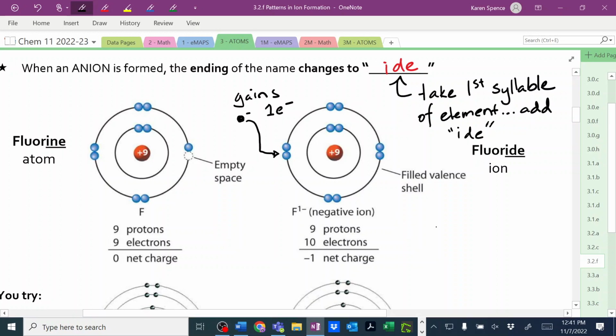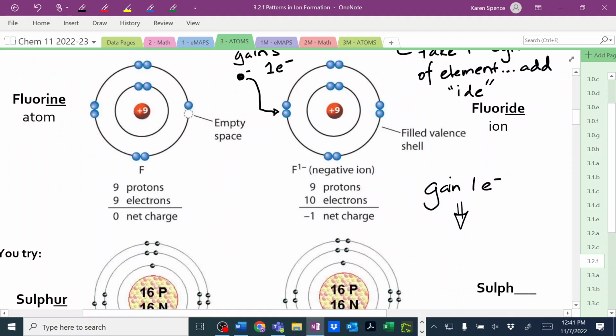If you gain 1 electron, what is your charge? Is it positive or is it negative if you gain an electron? You gain a negative thing, so it becomes negative. How much negative? -1. Okay, so just 1 minus.